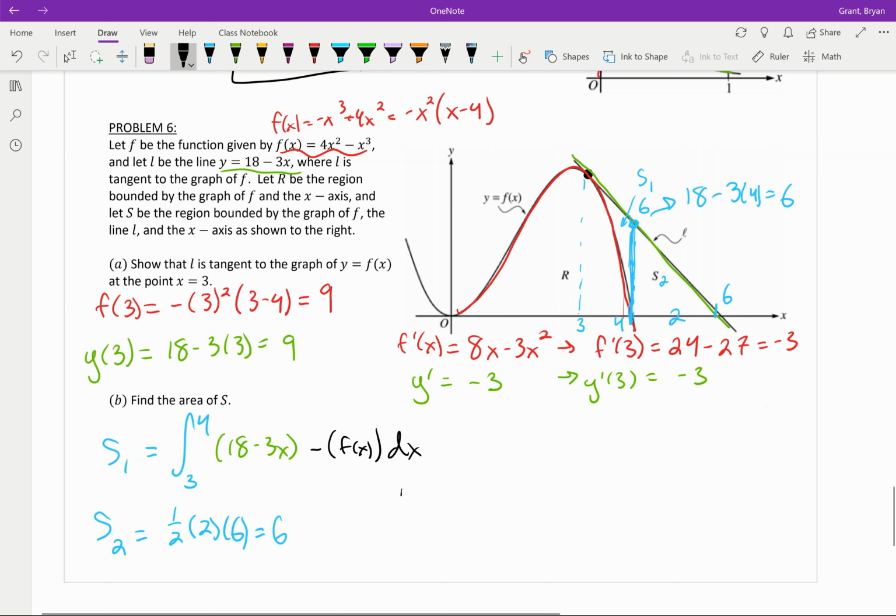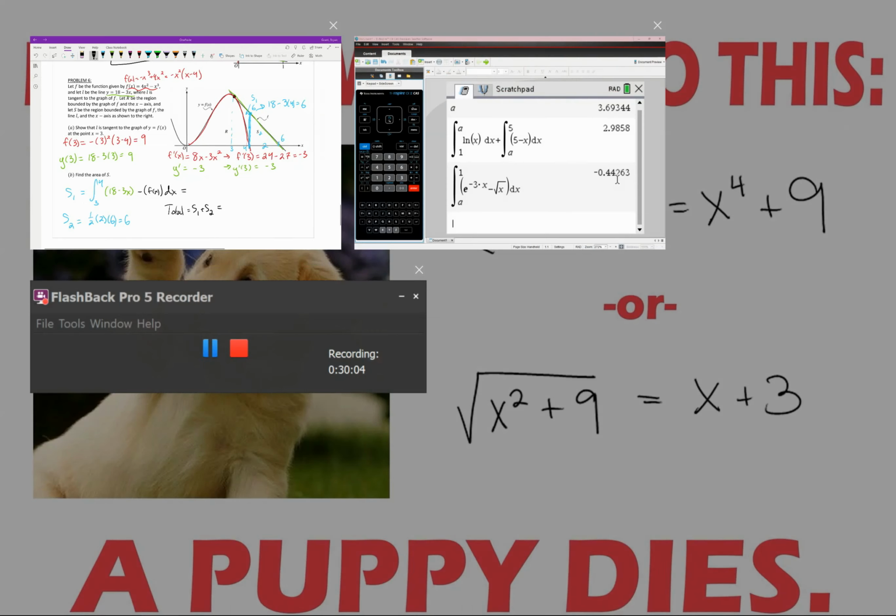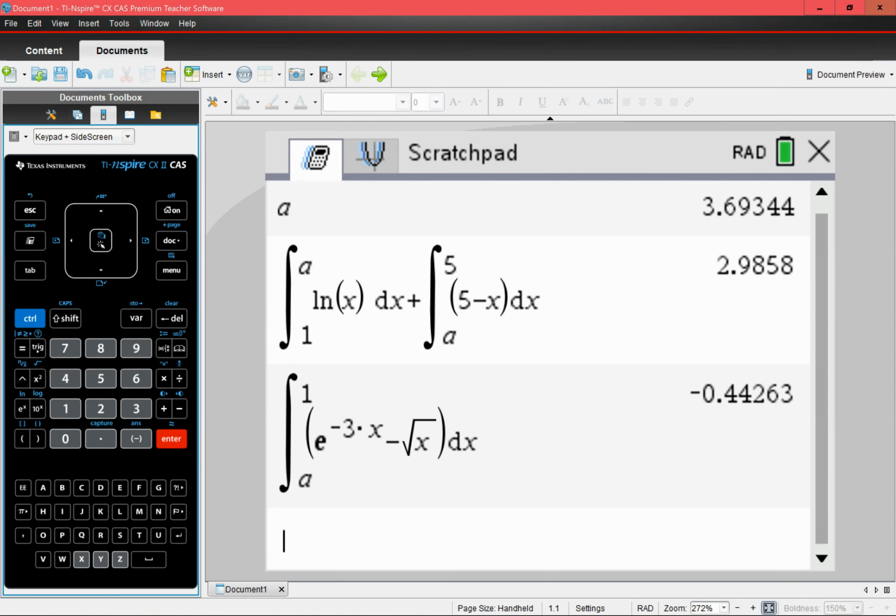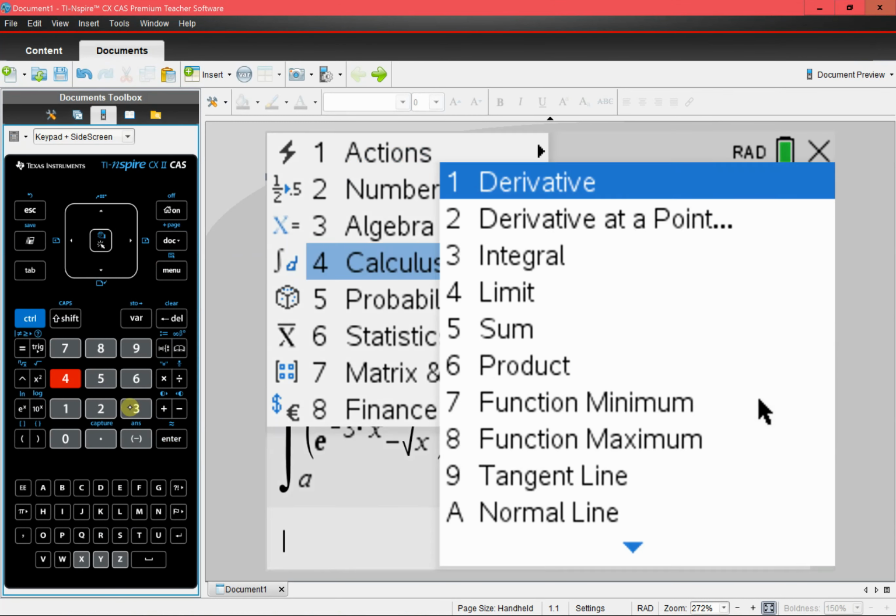So my total then is going to be S1 plus S2, where S1, we'll need a calculator for that, or you don't have to use a calculator, but it's probably easier. So we're going to go menu, calculus, integral.